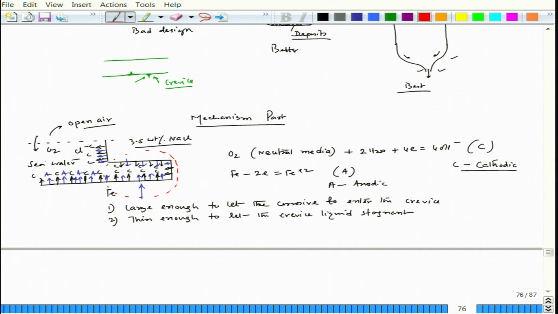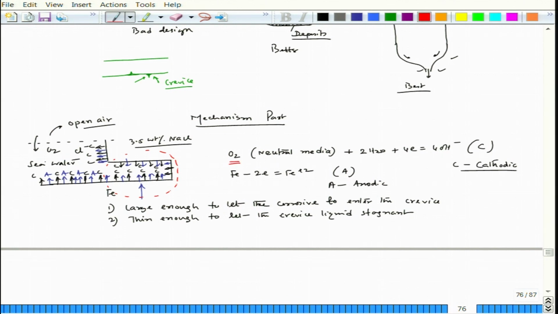In order to maintain the oxygen balance with the bulk, one has to have a very good convection movement of fluid, but since it is stagnant, convection is not allowed. Of course, there is the possibility of diffusion of oxygen, but the rate of diffusion is slower than the rate at which the cathodic reaction should occur to maintain the electron requirement.